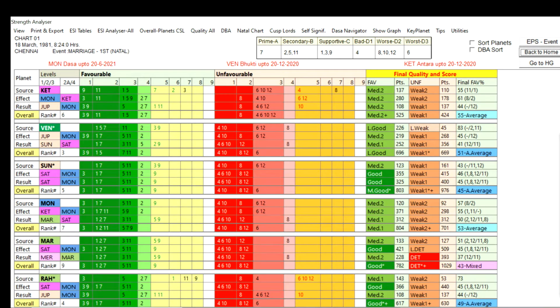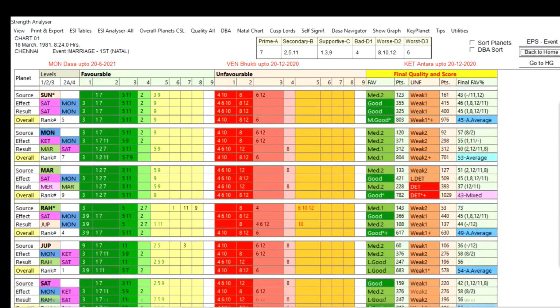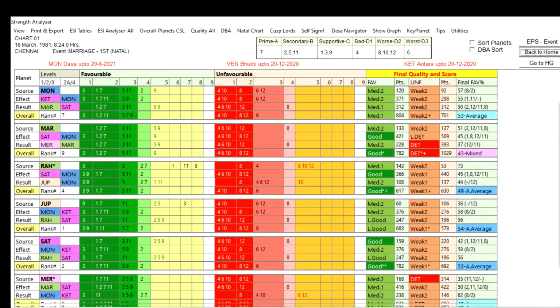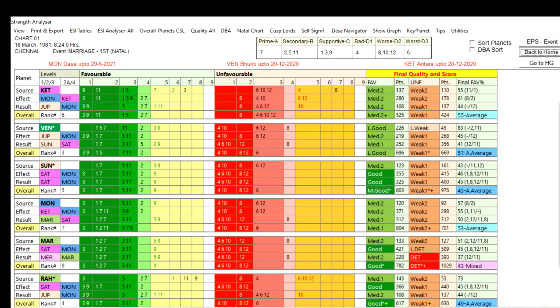Then if you scroll down, you can find the remaining ones: Jupiter, Saturn and Mercury, one below the other. This way, all 9 planets' Analyzer tables are shown one below the other, in the order of Vimsottari Dasa.